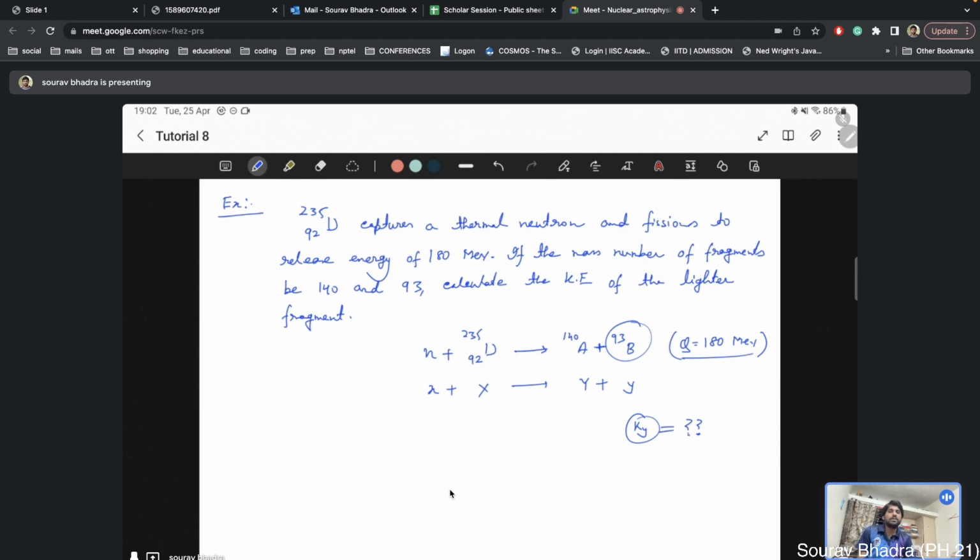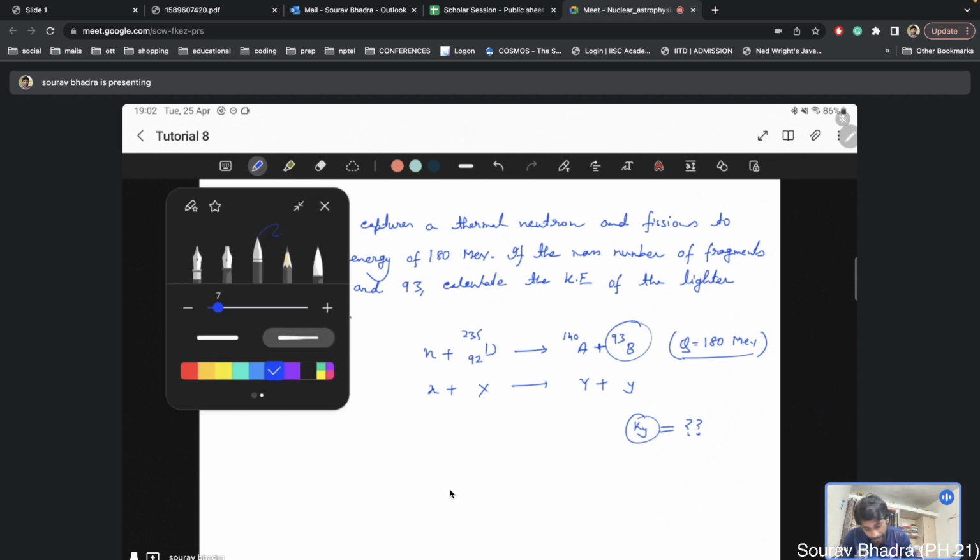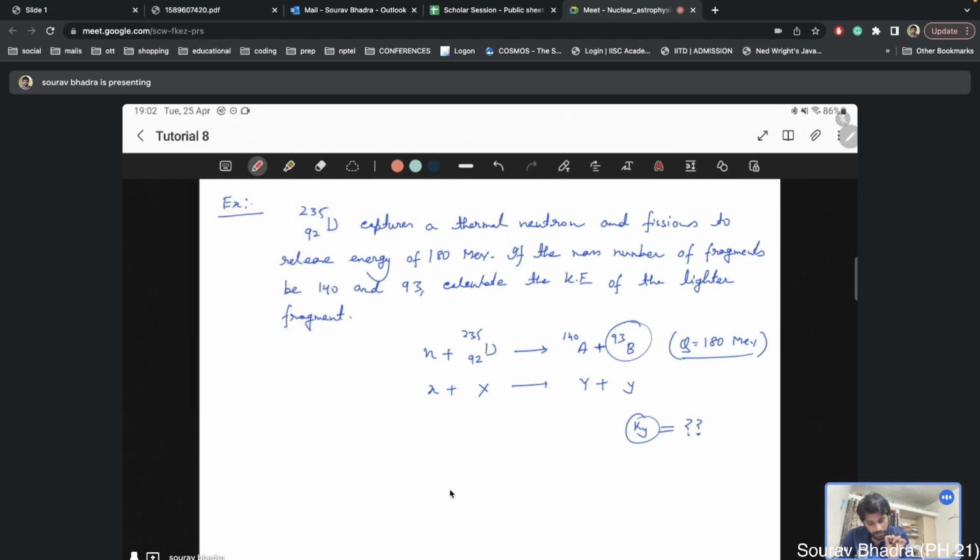I am just trying to put the given problem in terms of the theoretical understanding we have done. That's why I am writing it as small x, capital X, small y, capital Y, so that it will be easier to compare with the theoretical knowledge. Now one term is very important: it is said thermal neutron.